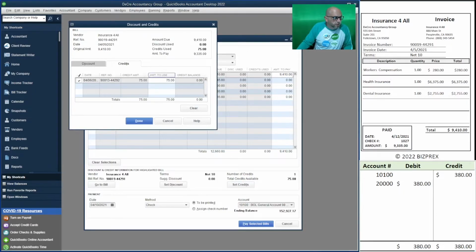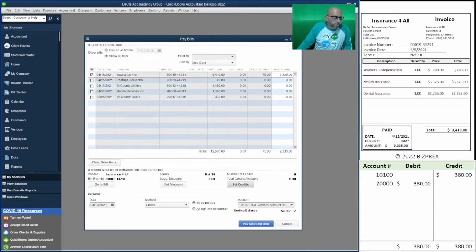All right, and it's asking us, do you want to apply it? Yes. All right, because credit is already there, right? Credit, what did credit do? If you rewind back, it reduced expenses, reduced accounts payable. Now this impact right here does not impact debits and credits per se, just assigns it to that specific area. Okay, and so here it is showing up, and we're going to go ahead and pay it.